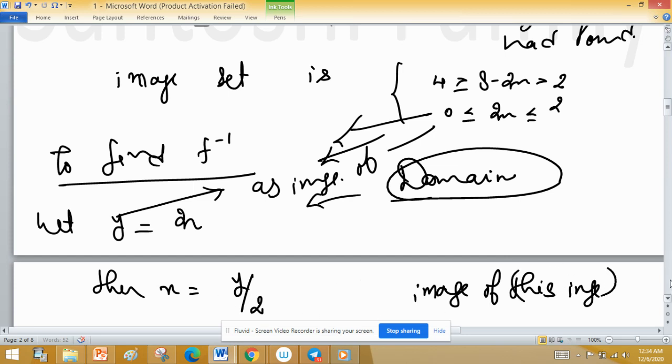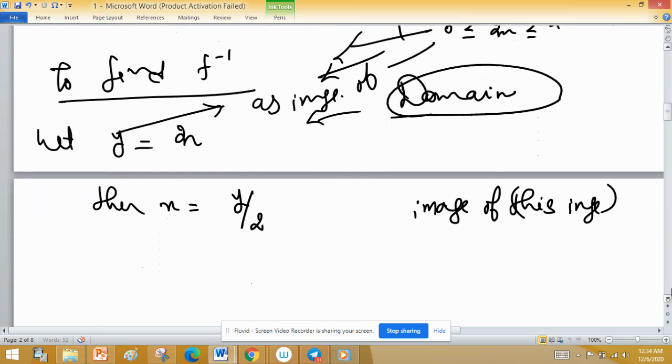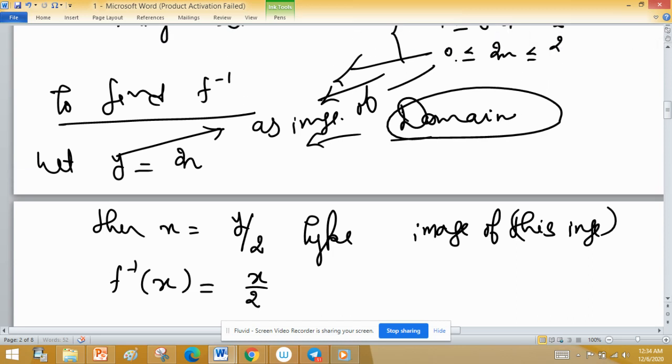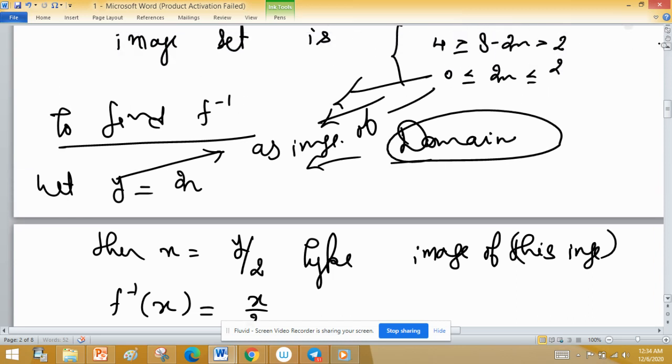So x is y upon 2 type. If we represent this by a formula in terms of f inverse and in terms of x, it can be written as x by 2, and y is coming from my image set for f.